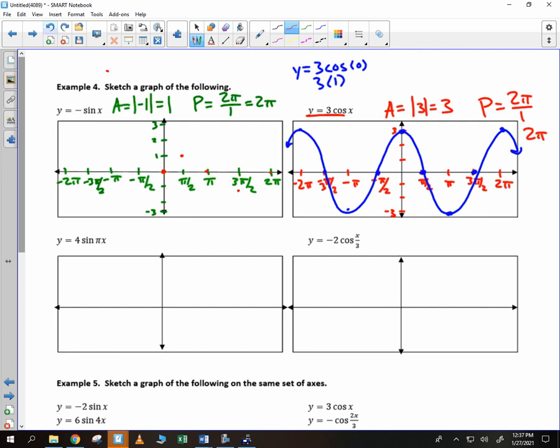So instead of starting by going up, it's going to start by going down. That's the graph of negative sine of x. So you can see how it's flipped. You can also see when you compare it to the 3 cosine that we just graphed, it's much smaller.